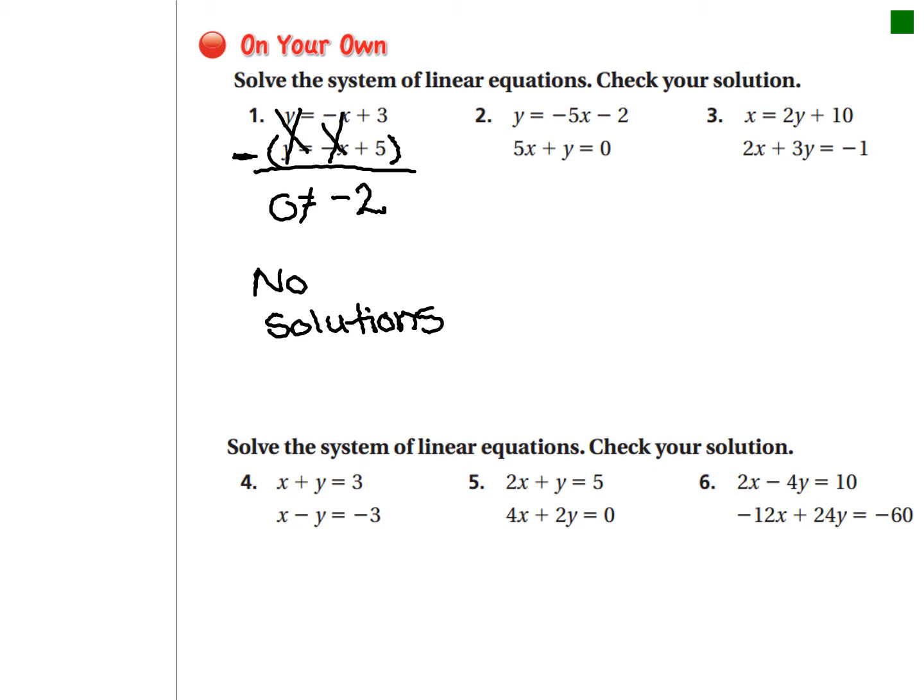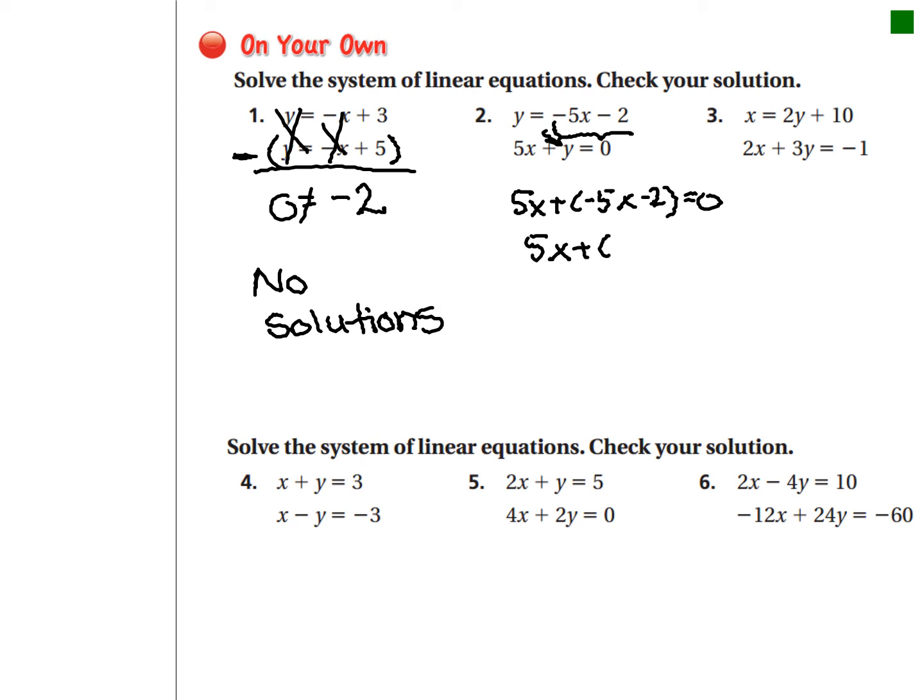Let's look at these two problems. Easily set up for graphing, not easily set up for elimination. This one's not easily set up for graphing, but this one has y equals, so let's use substitution. We're going to plug this value in for y, so I'll have 5x plus (negative 5x minus 2) equals 0.